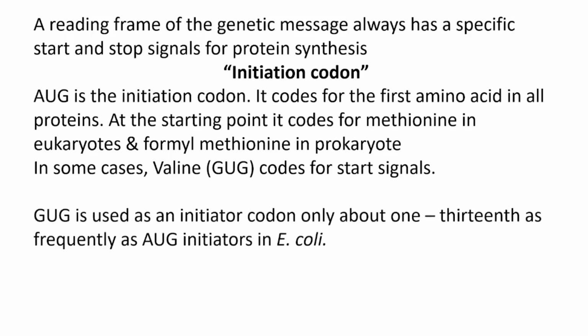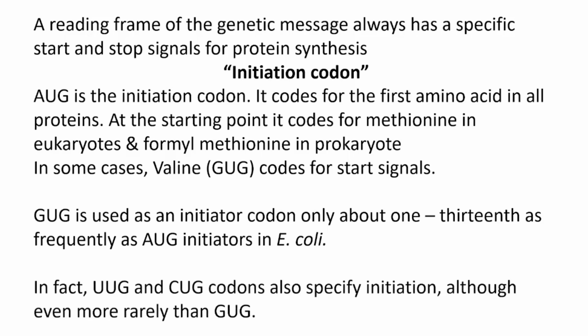GUG is used as an initiator codon only about 1/13 as frequently as AUG initiators in E. coli. In fact, UUG and CUG codons also specify initiation, although even more rarely than GUG.